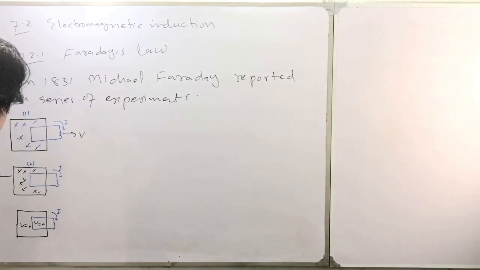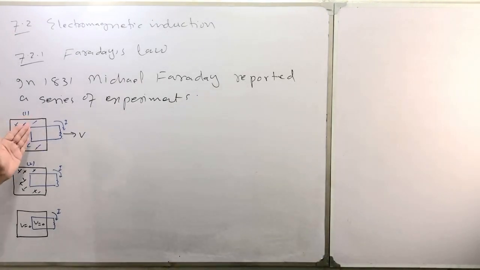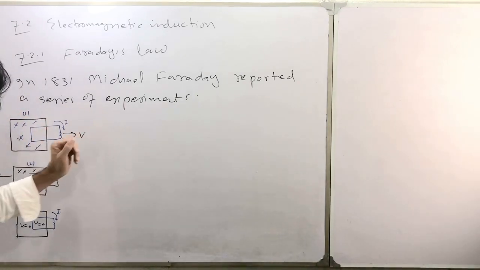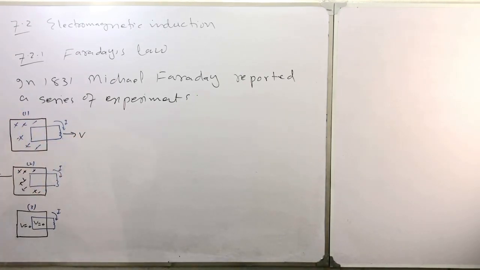So they got the same EMF in all of these. But in experiments 1 and 2, at that time, I think they didn't know about the theory of relativity, because in one the loop is static and the field is moving, and in the other the loop is moving, and they didn't know about relativity at that time.